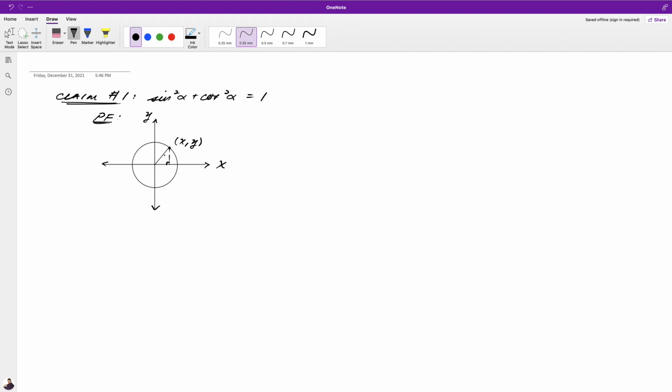Without loss of generality, I'm just going to choose the first quadrant for convenience's sake. So this will be r, this will be our alpha, this is obviously x, this is obviously y.